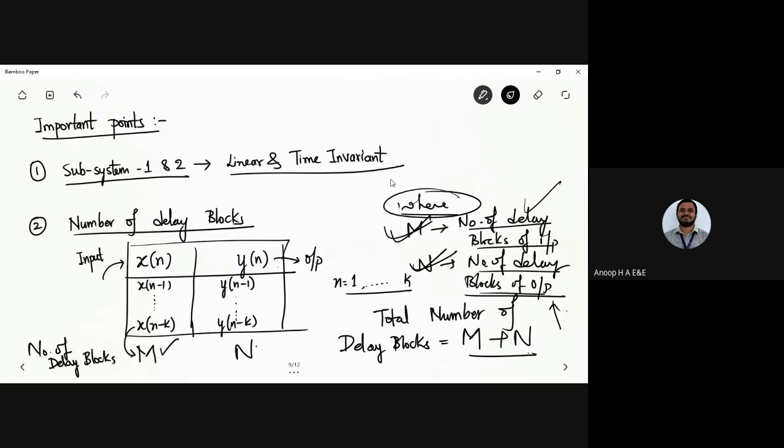So now I have the number of delay blocks for both input and output. That is one thing that you can observe.